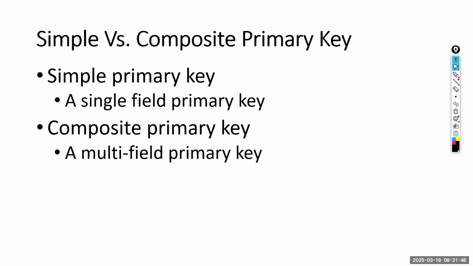Composite primary key means you select a combination of multiple fields as your primary key. There are situations where we need to select composite keys, especially when we create connecting tables for many-to-many relationships. So then the connecting table's primary key is usually a composite primary key, unless you go for an auto number surrogated key.